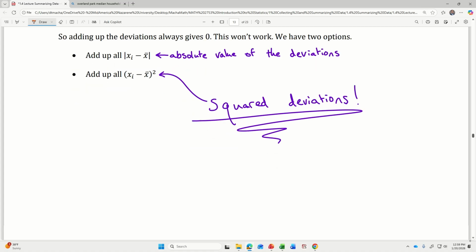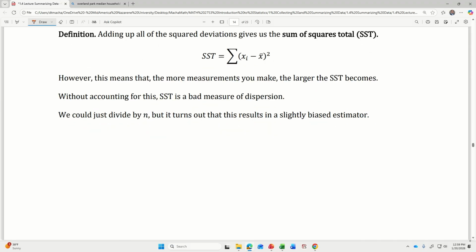So we're going to use squared deviations and add those up instead. When we add up all of the squared deviations, this gives us a measure of dispersion called the sum of squares total, SST. Sum of squares, because they're squared deviations. So if you see the acronym SST, that's what we're talking about. And this is doing good because it's taking every deviation into account. It's not 0, it's a positive number.